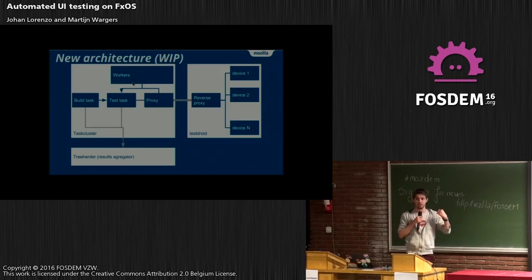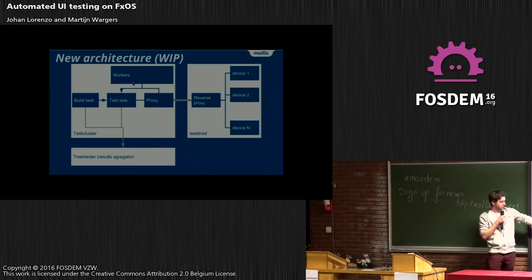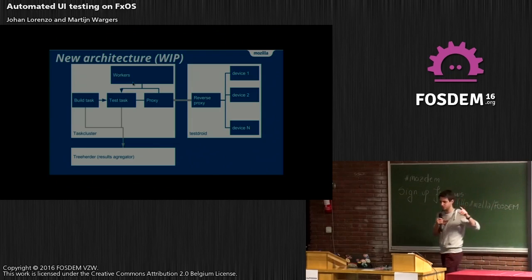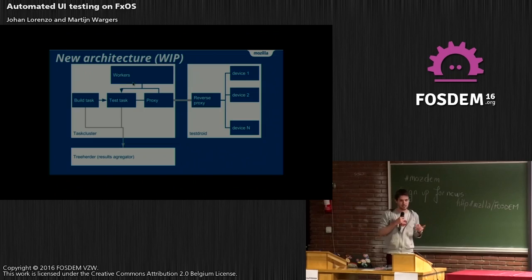That was one of the reasons we changed our architecture and used something that is more common at Mozilla. So we have, like I said just above, Treeherder, and we have Taskcluster. Taskcluster, as its name implies, is something that spawns and executes tasks in big numbers.